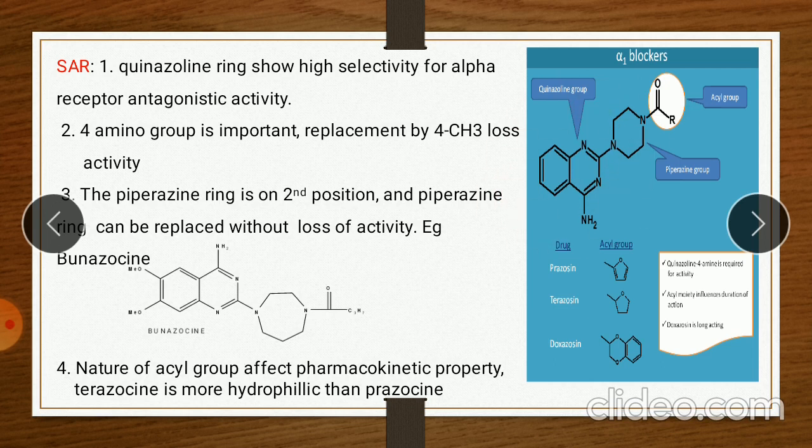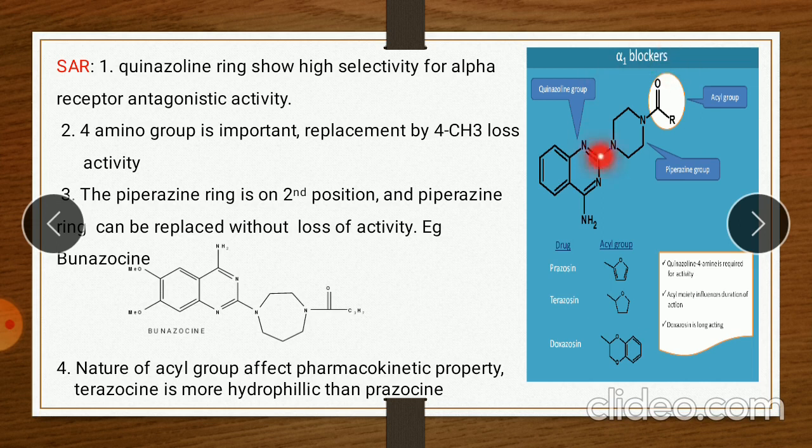Second point, the 4-amino group, that is this one, is important. Replacement with a 4-methyl group loses the activity. So if we replace this NH2 with a CH3 group, activity decreases. Third point, the piperazine ring on the second position. This one is the piperazine ring, and the piperazine ring can be replaced without loss of activity.